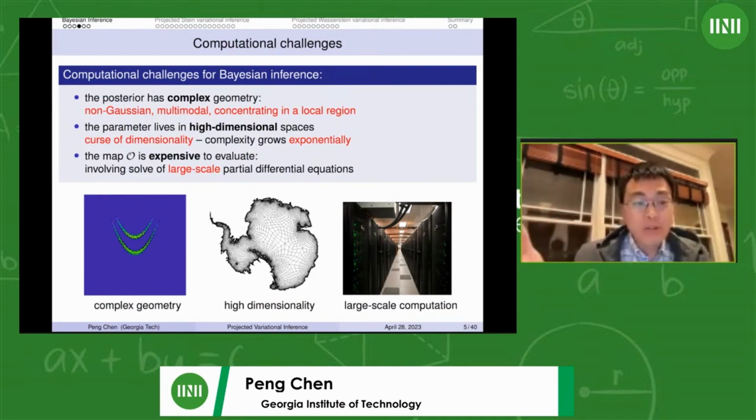And typically in high dimensions, there is this notion of the curse of dimensionality. Essentially, the complexity grows exponentially for many of the methods. And lastly, this map could become expensive to evaluate, especially if it involves large scale partial differential equations. You might have to solve it using supercomputers.